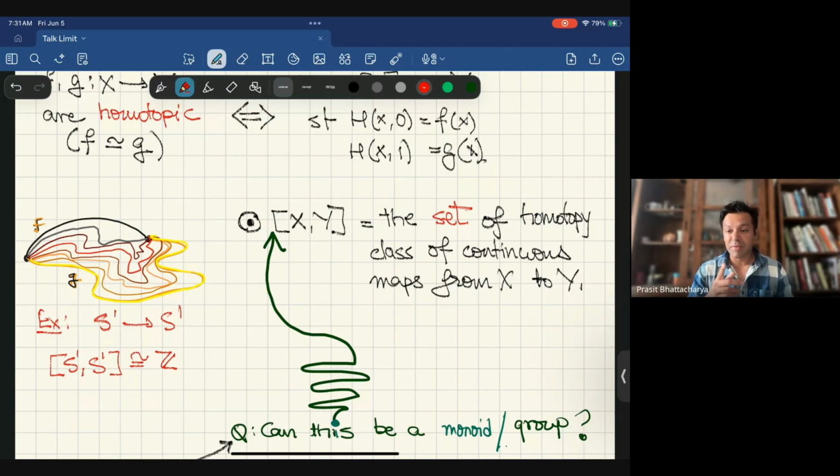So it's the number of times your map has wrapped around the other circle. For instance, it could wrap around once, that's one, and it could wrap around twice, that's two. It could wrap around maybe 10 times, that's 10. Or if you go in the negative direction, which is, let's say, clockwise direction, then you have negative winding numbers.